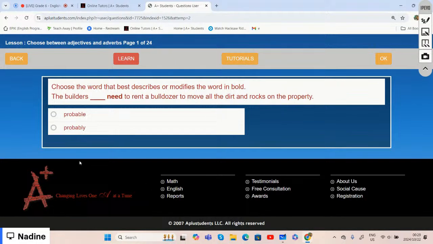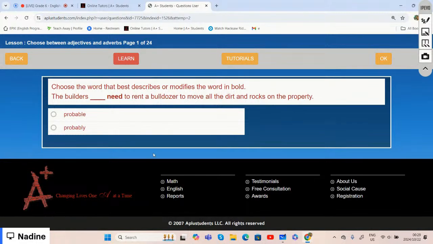We're going to choose whether it is an adjective or an adverb that must be filled in to complete the sentence. It says we need to choose the word that best describes and modifies the word in bold.